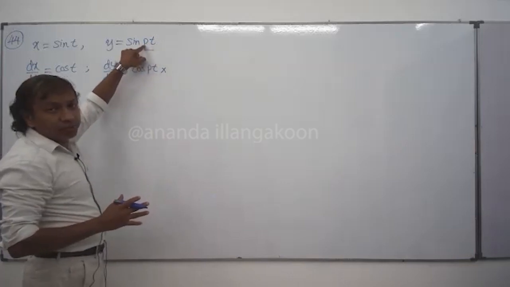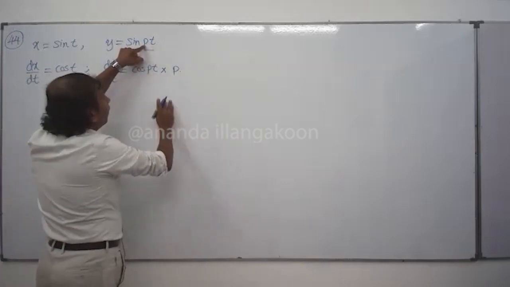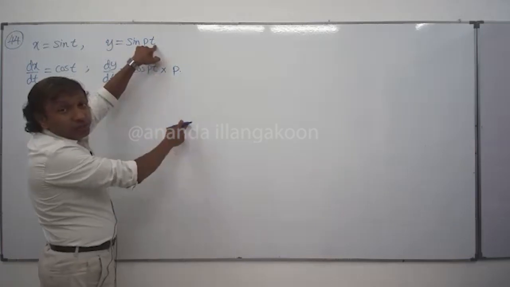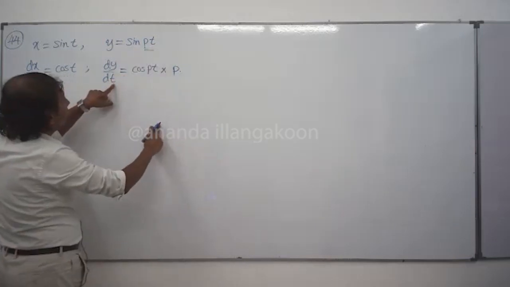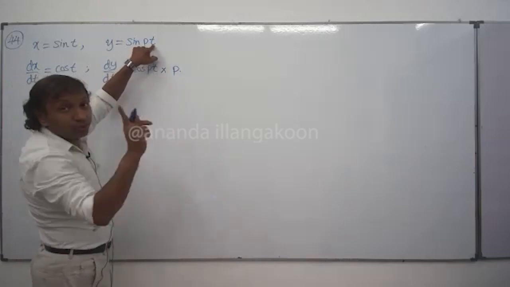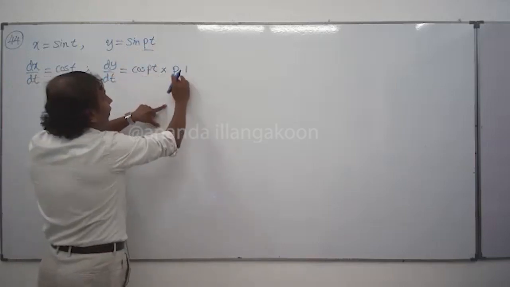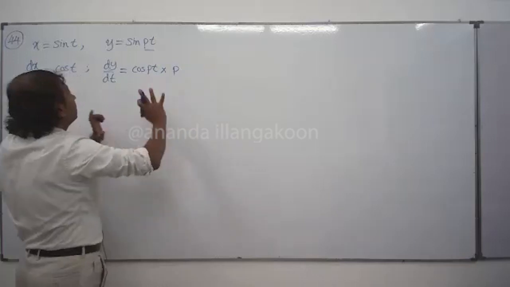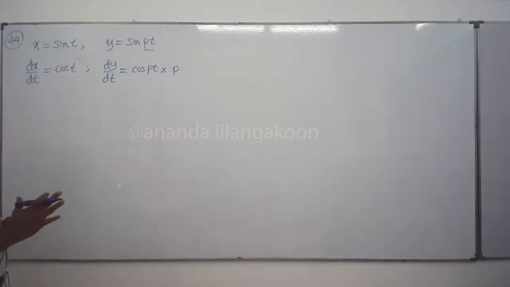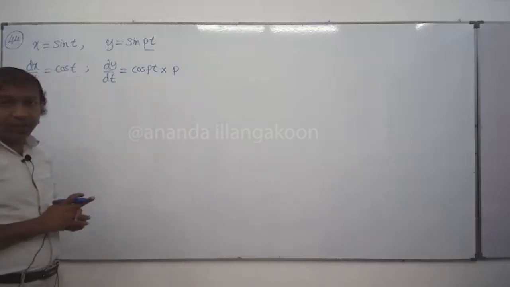Keep p the same. The derivative of t with respect to t is 1, so p into 1 is p. This is what we get for dx upon dt and dy by dt.